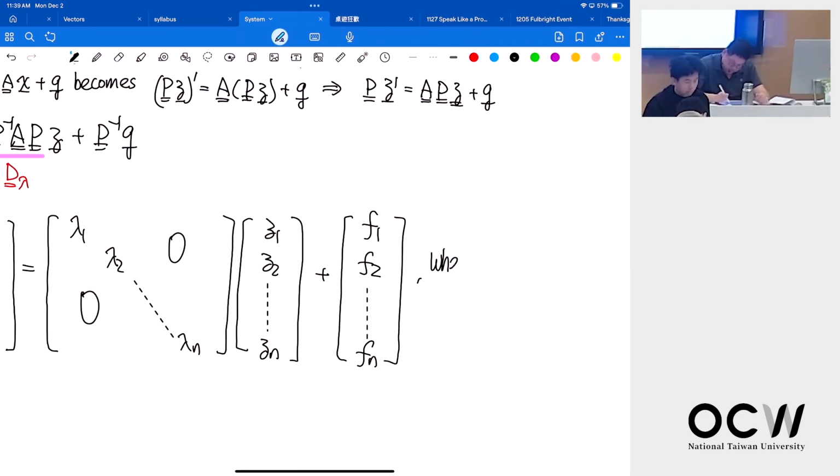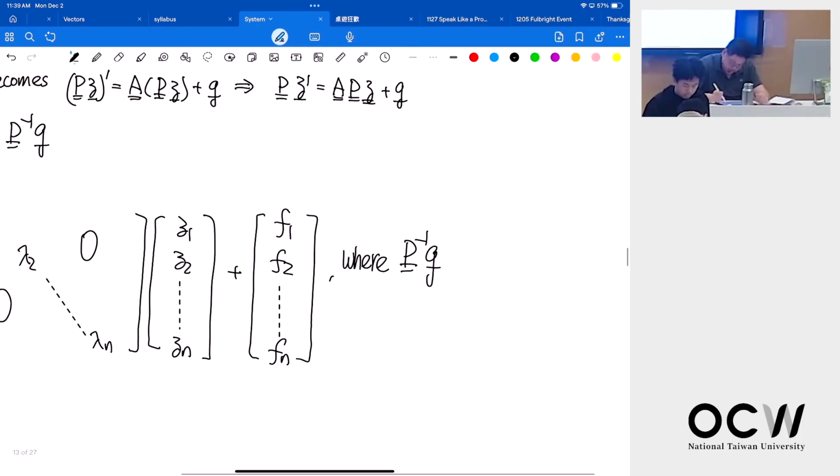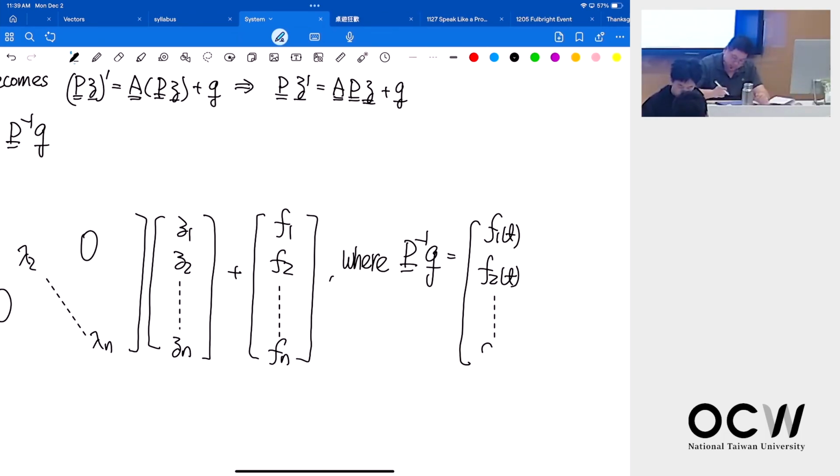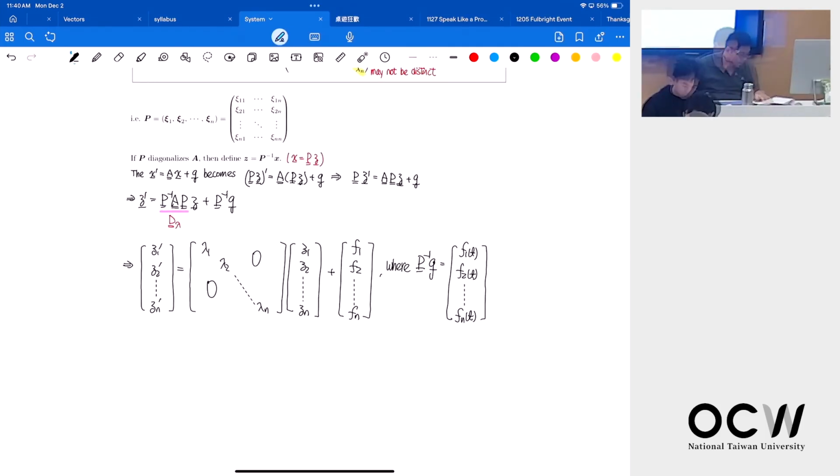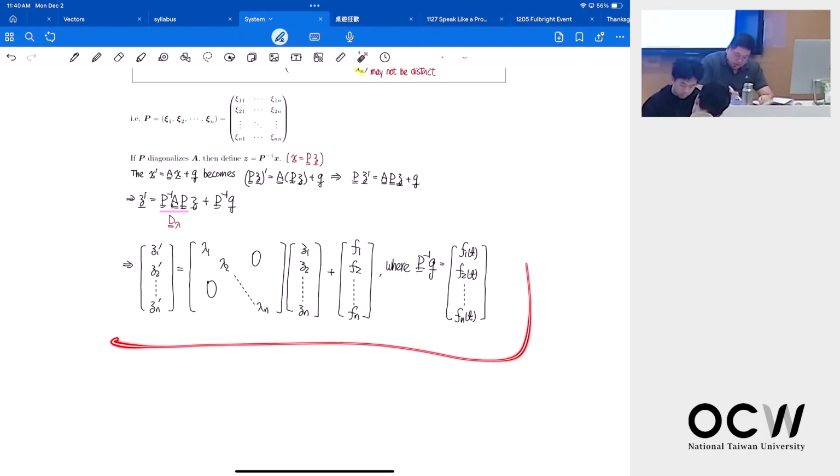So we can say that P inverse g is the function F1(t), F2(t) till Fn(t). So now you can see how I decoupled the system.